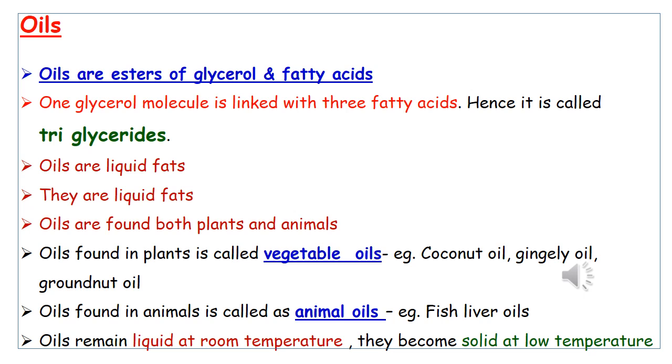Oil found in plants is called vegetable oils. Examples: coconut oil, gingelly oil and groundnut oil. Oils found in animals are called animal oils. Example, fish liver oil. Oils remain liquid at room temperature. They become solid at low temperature.